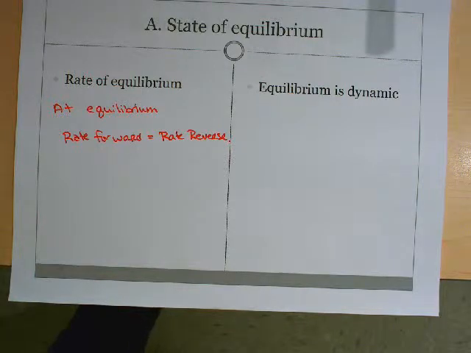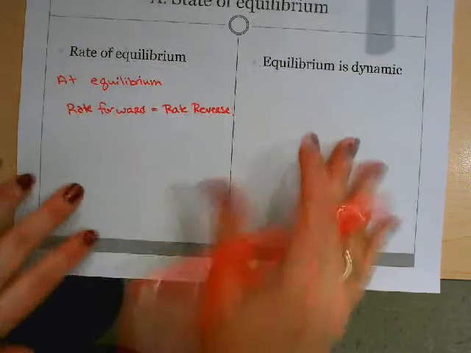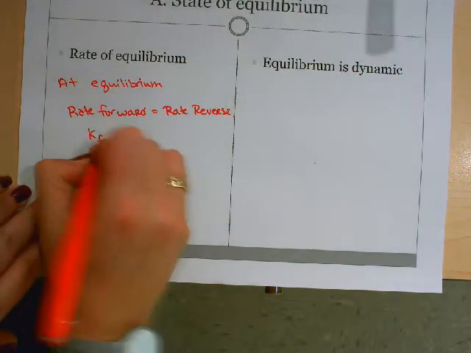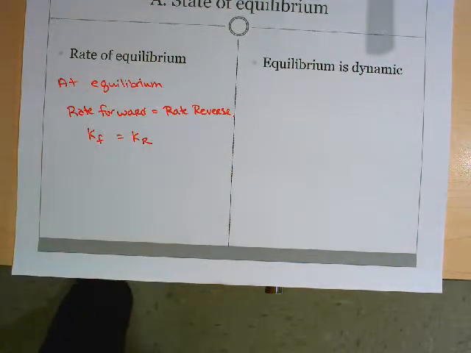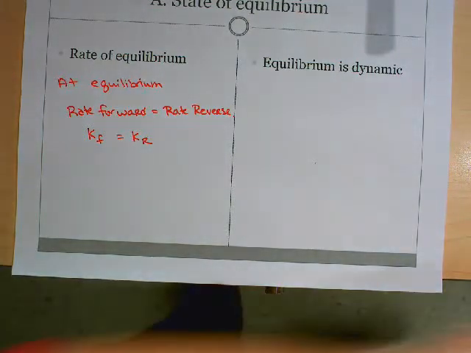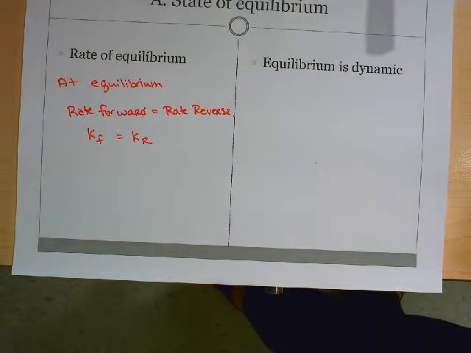So as much product is being made as product is going back to reactant. Those rates are going to be equal, which would be the equivalent to saying that the rate constants are going to be approximately equal.